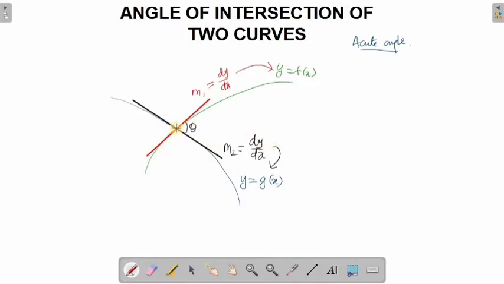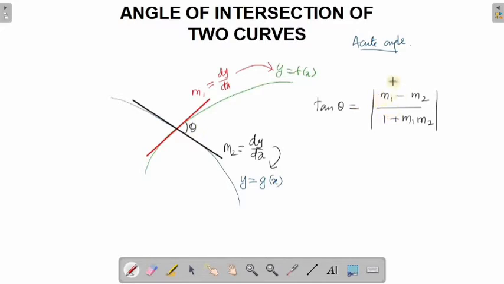From class 11 you have learnt a formula for the angle of intersection of two lines: tan theta equals modulus of (m1 minus m2) divided by (1 plus m1 m2). This is the formula I'm going to use this time also.